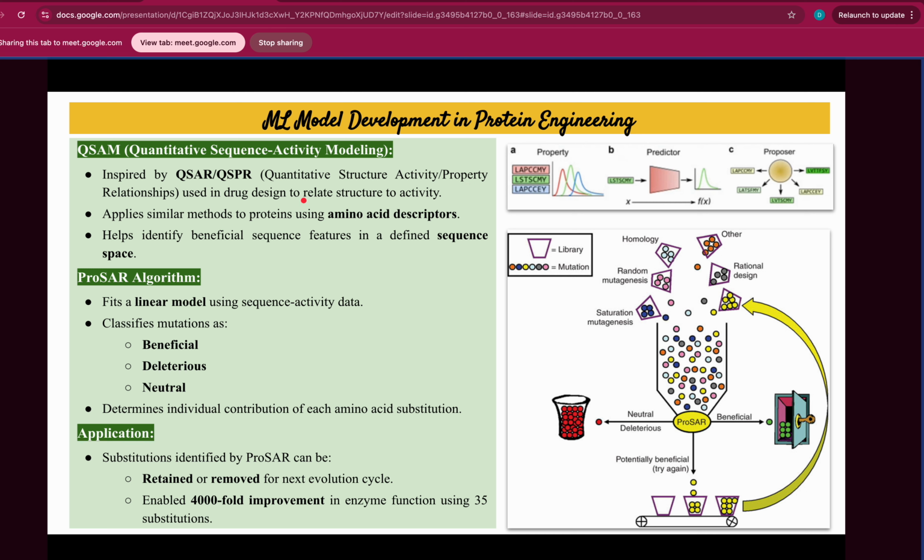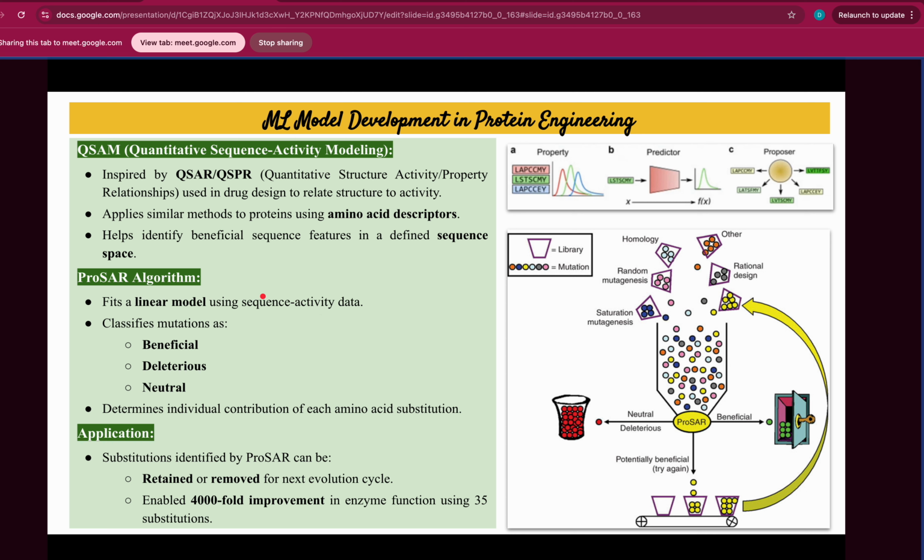These are ML models which help you predict how the function will change with the sequence, so that you can shortlist those mutations which could give you better results and then proceed with the experimental methods. One such QSAM algorithm is ProSAR, which fits a linear model using the sequence activity data.